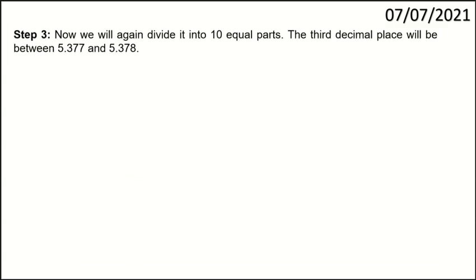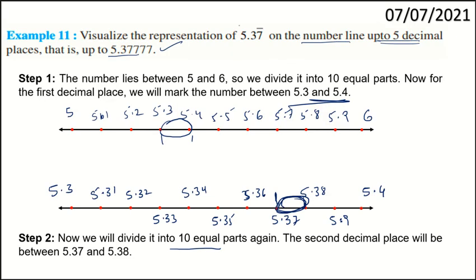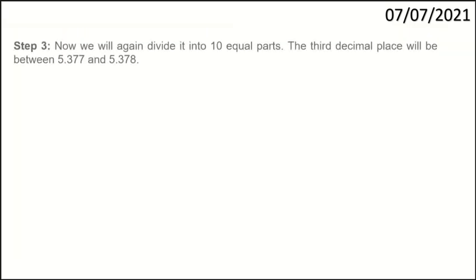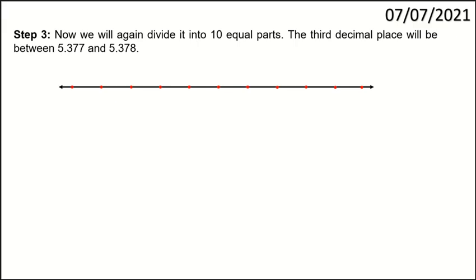So, in step number 3, I am taking 5.37 and 5.38 into 10 equal parts.